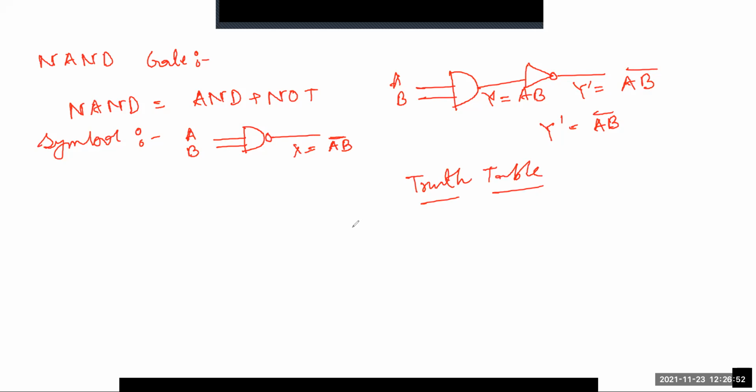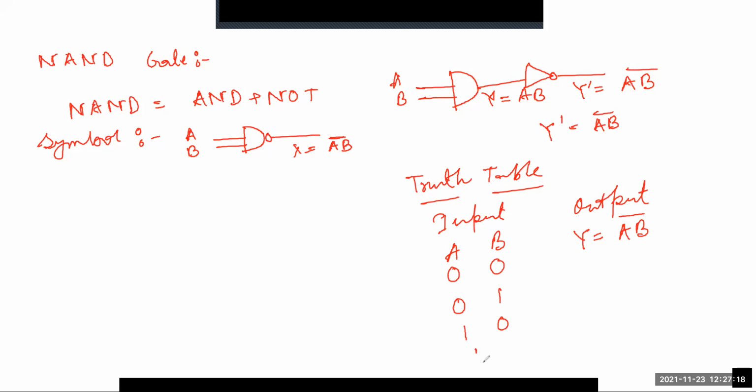Now the truth table of NAND gate. Here you can see there are 2 inputs and 1 output. 2 inputs, that is A and B, and 1 output, that is Y or X, you can say, that is (AB) bar. So here the 4 combinations, that is 00, 01, 10, 11. Now you just do the multiplication.